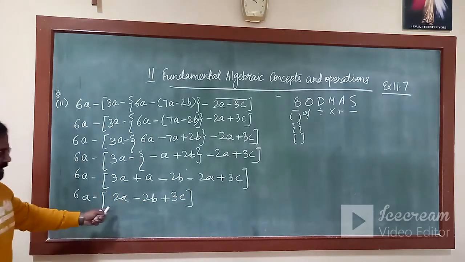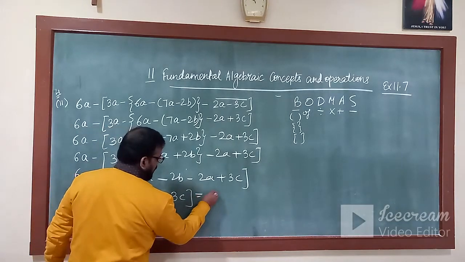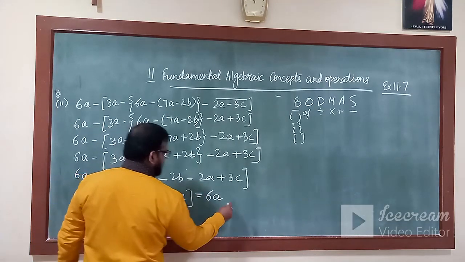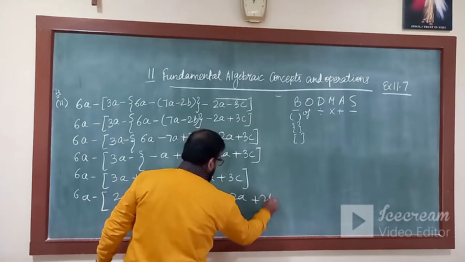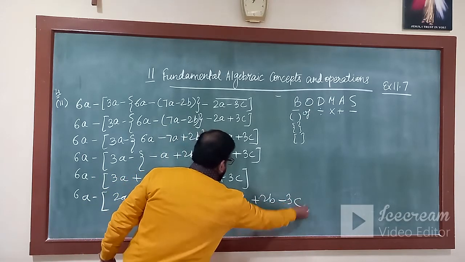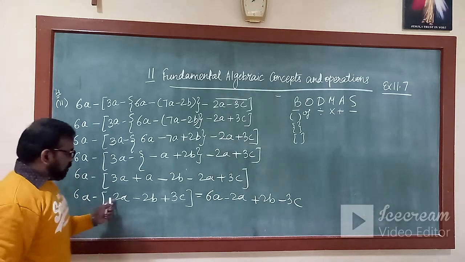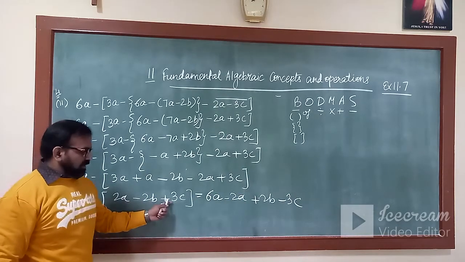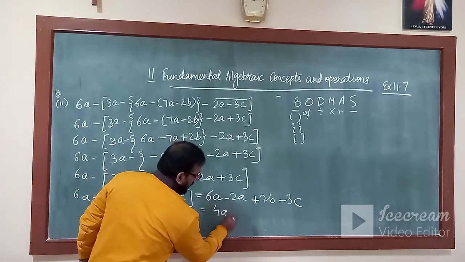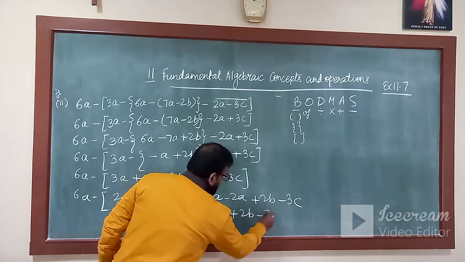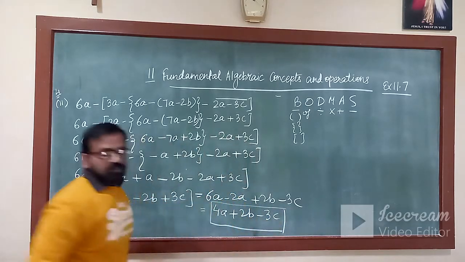So finally we have to solve this last bracket. So let's see what we will get. 6a minus 2a plus 2b minus 3c. Minus into plus is minus. So it is 4a plus 2b minus 3c. So that will be our solution.